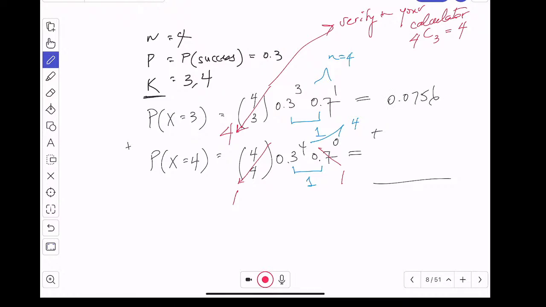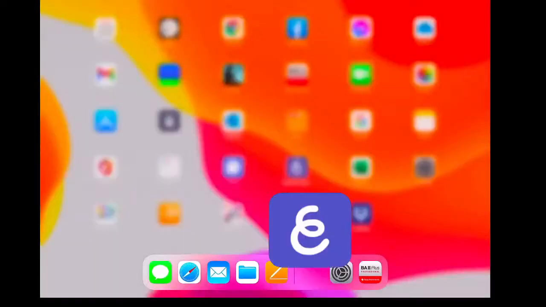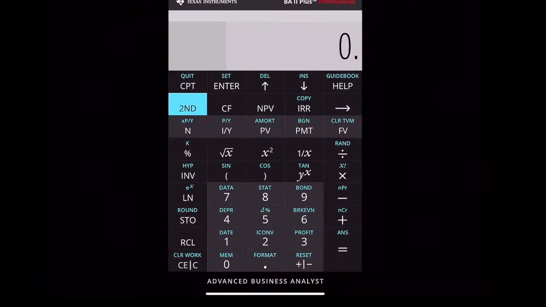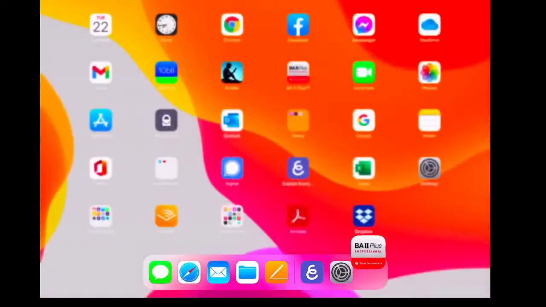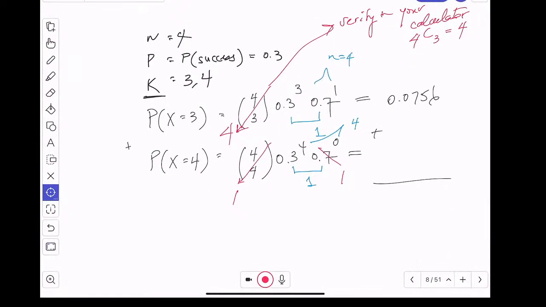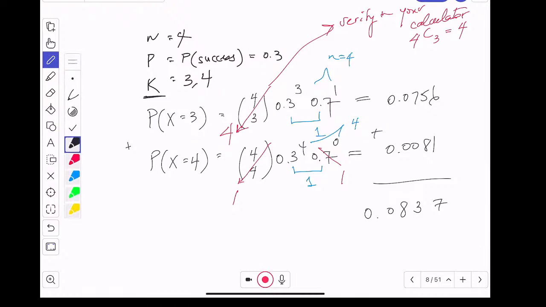And then this one will just be 0.3 to the power 4. That's 0.0081. Unless I made a mistake, that's the answer.